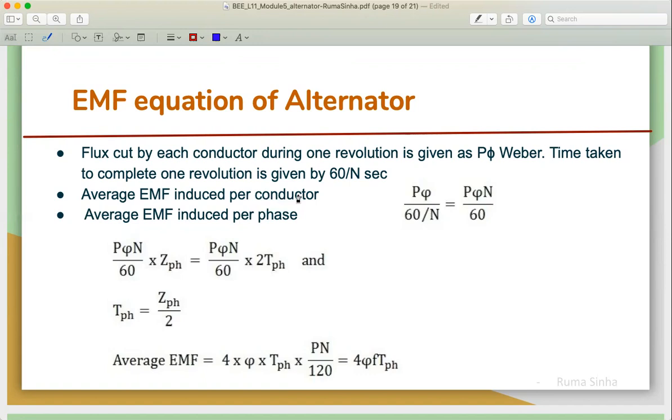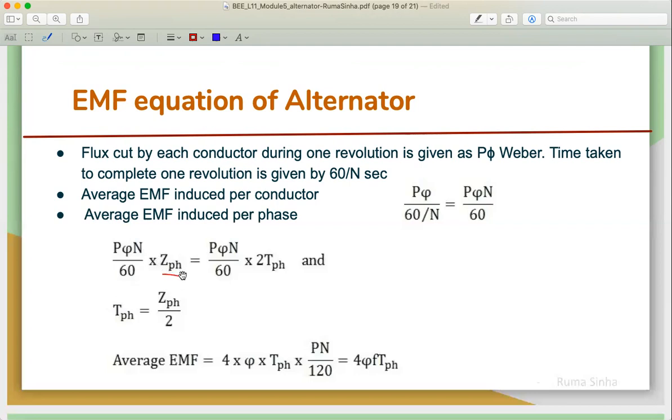If I want to calculate the average EMF induced per phase, and Z phase is the number of conductors per phase, then the average EMF induced for one conductor multiplied by Z phase gives the average EMF induced per phase, which is P phi N by 60 into Z phase.